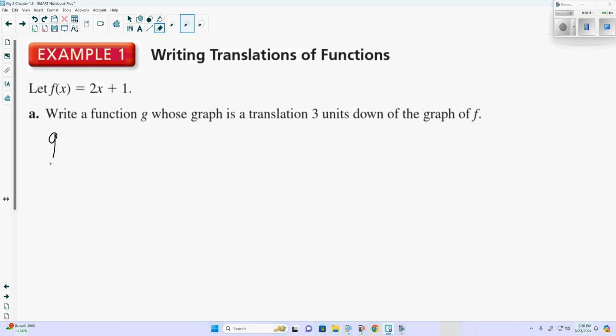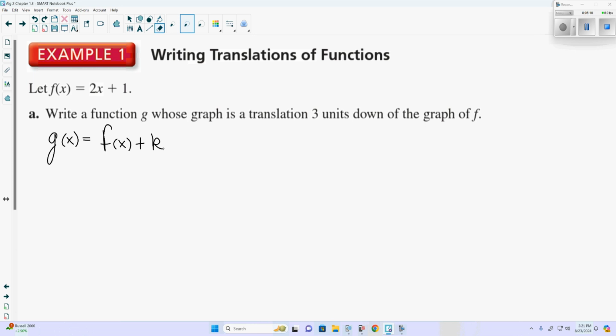So we're going to call the new one g of x. We could have called it h of x, z of x, q of x, s of x, any of those. Now our movement is up and down. Our up and down is vertical. The general form that we use to get this movement is f of x plus k. Question?